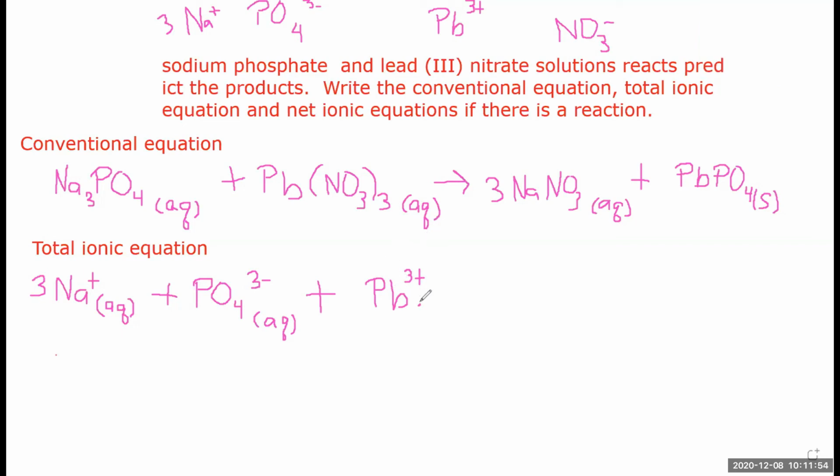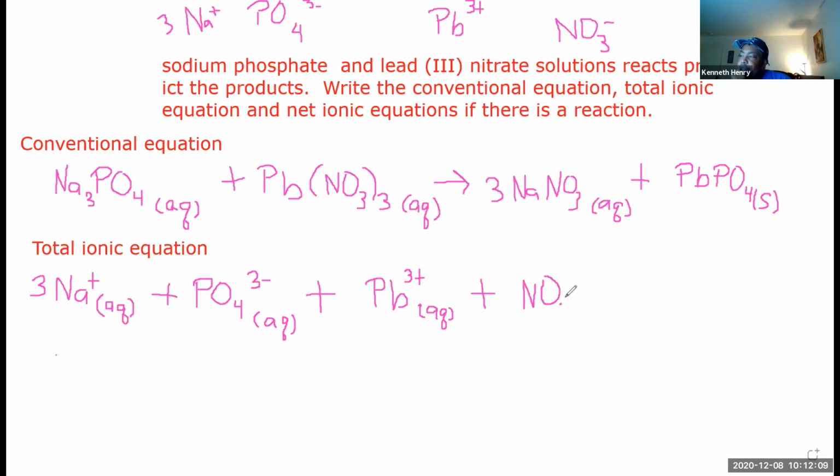Aqueous. That's right. And then NO3 with the negative charge. Aqueous. And how many of them do we have? 1. How many do we have? Oh, 3.